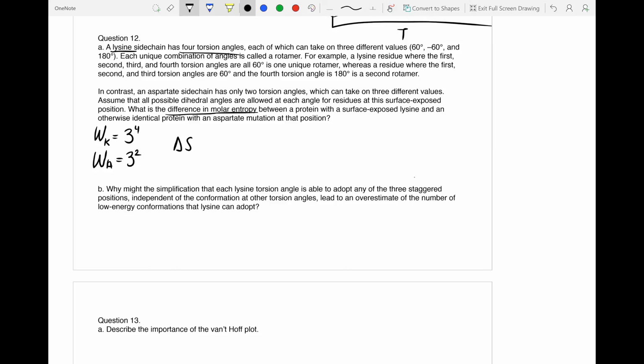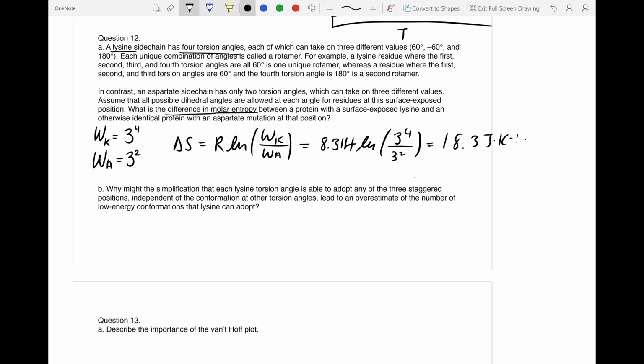So to calculate the change in entropy, the equation we were given previously is the following, which is derived from the statistical definition for entropy. And we can plug in the values we have, and you should get 18.3 joules per Kelvin per mole.